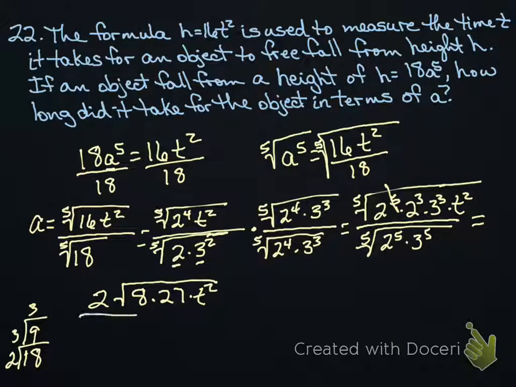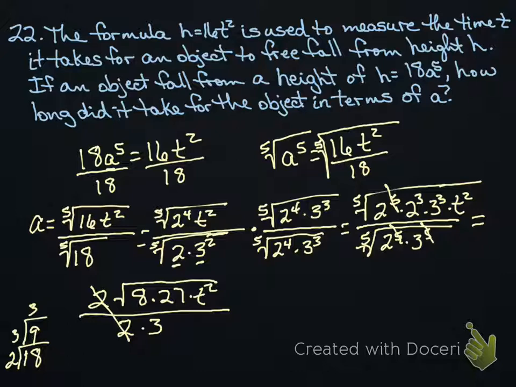And then in my denominator, my index and my exponents cancel, and I'm left with 2 times 3. So I've got my 2's, 2 divided by 2, those cancel each other out. And then I have 8 times 27.